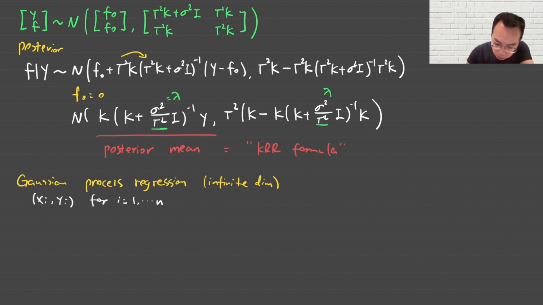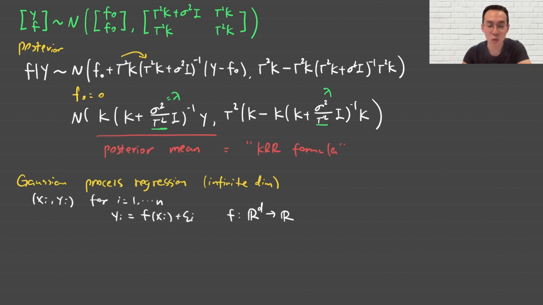Now let's directly consider the model as yi equals f of xi plus epsilon i. The difference is that we directly model f as a function that goes from R^d to R, so we want to avoid writing it out as phi transpose beta. That's the only thing changed.